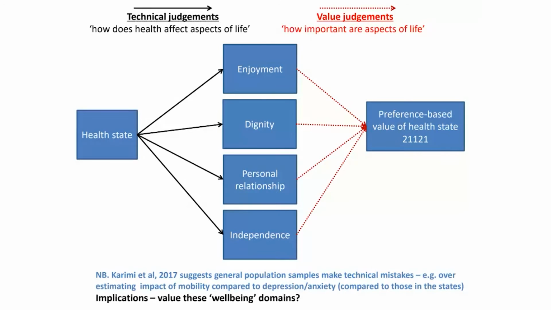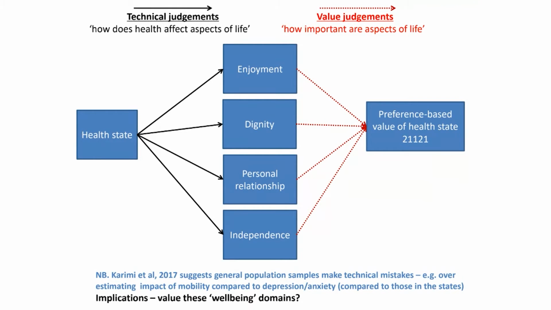Now, what Milad found was that when you actually looked at populations who are in these health states and how those health states actually impacted upon these higher level domains, people systematically make mistakes. In particular, they tend to, for example, overestimate the impact of mobility compared to depression on these higher aspects of life.